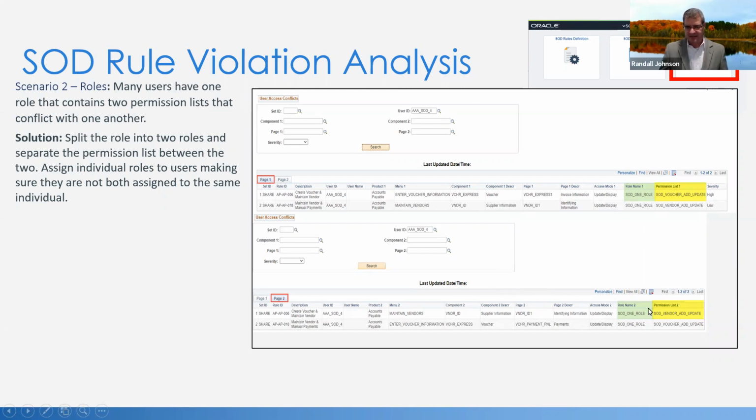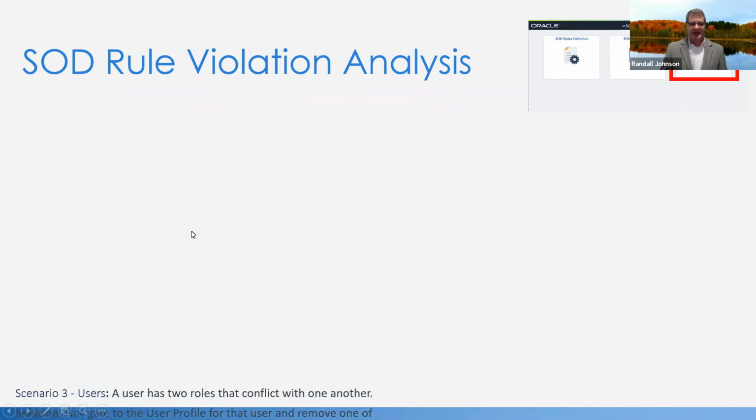I think it's best to look at the individual permission lists and determine if one of them can be removed or can be streamlined. Perhaps it's just a page in that permission list. Everything else can be fine. Or perhaps it's a page that should be flipped to display only instead of add update, okay? So you're drilling down through the role to roles and you're finding the issues there.